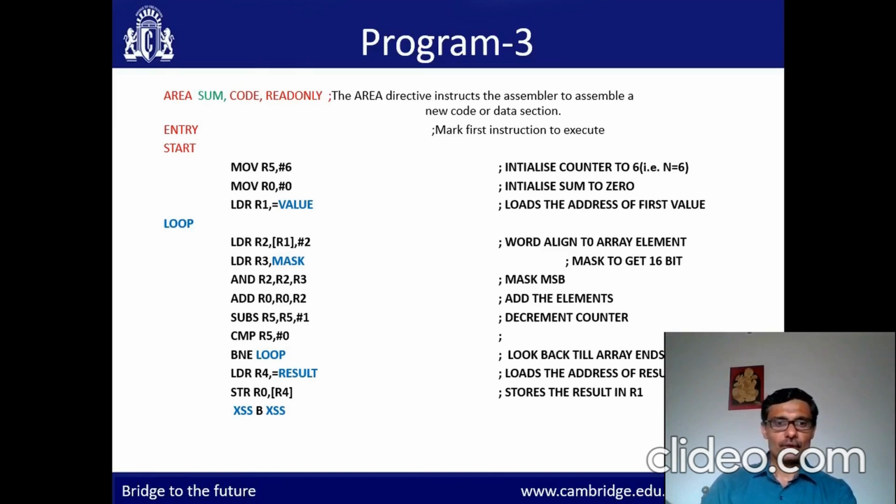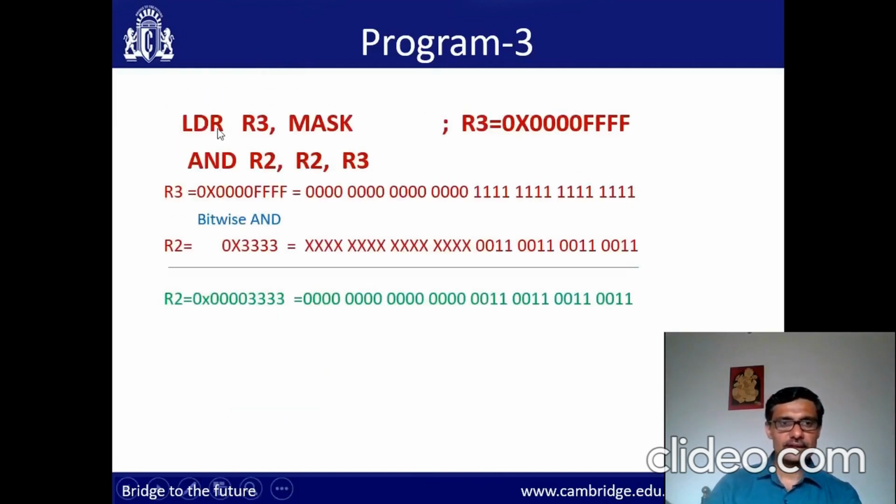Okay, so here you see this slide. Here R3 has this mask. This is the mask we have used. You can see the binary equivalent of this mask. Then R2 is our number, the 16-bit number.